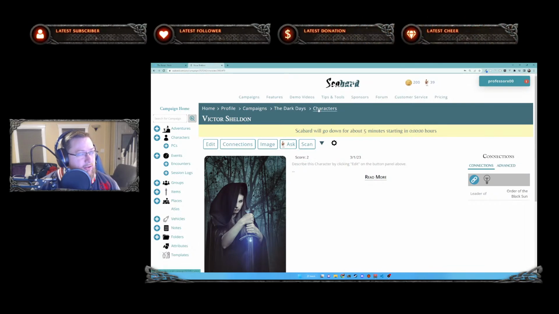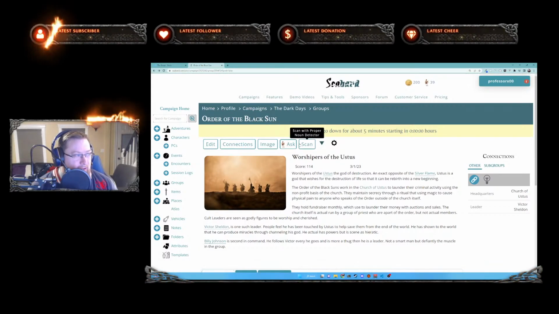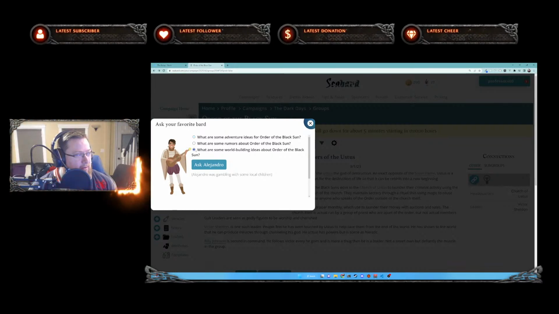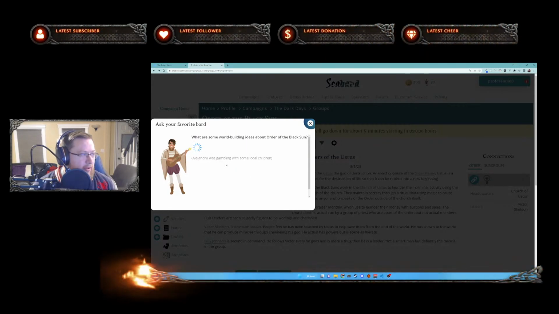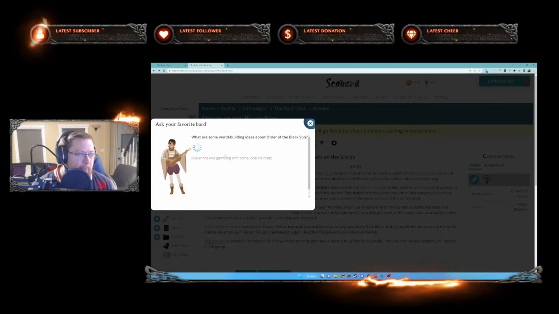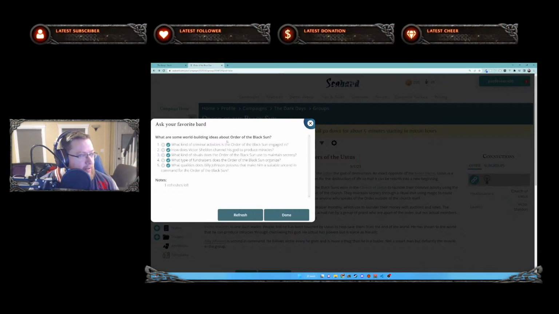Oh, I wanted to show one thing that you can do. One neat thing about Scabbard is they actually have an AI agent called Alejandro. I can try to build more worldbuilding ideas from Alejandro and see what he comes up with. He comes up with five initial ones. All right, so he came up with five different ones.